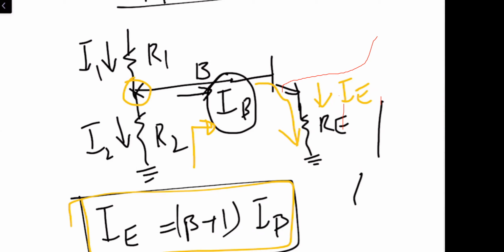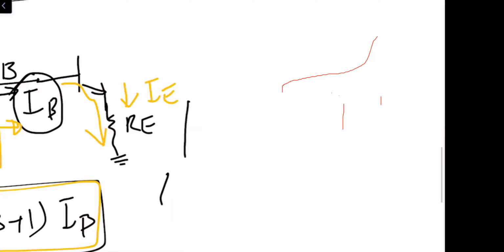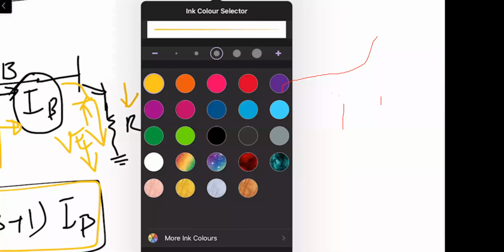So if you see over here, the drop across this will be taken as VE, right? Are you getting this point?